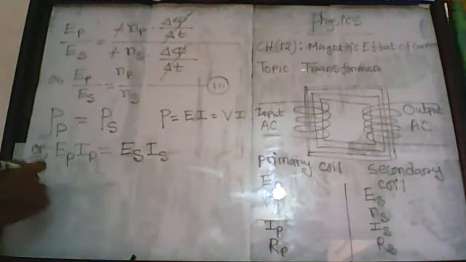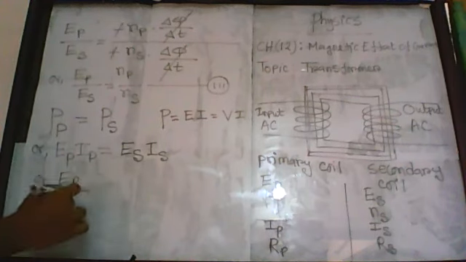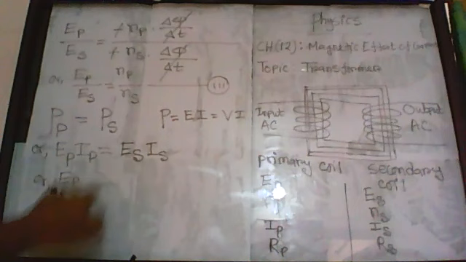Now if I divide E_P by E_S, then this will equal I_S divided by I_P.